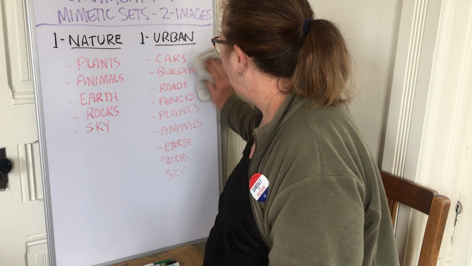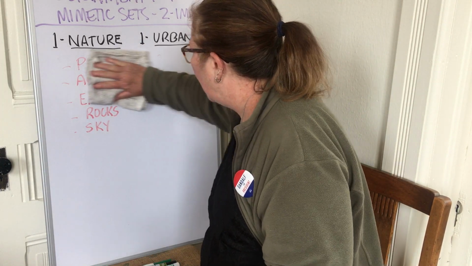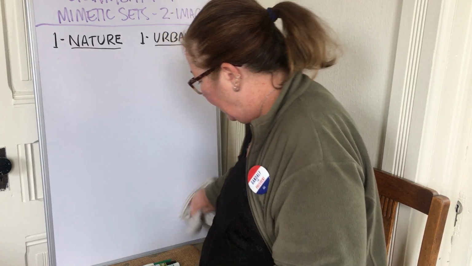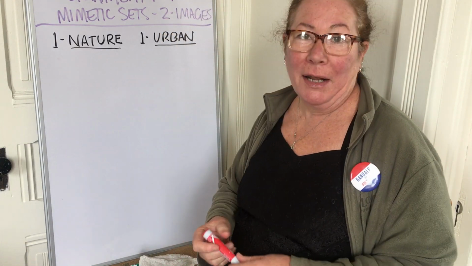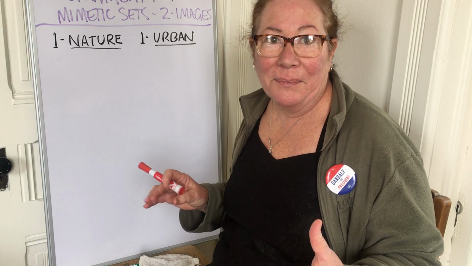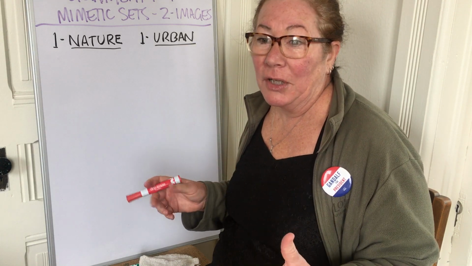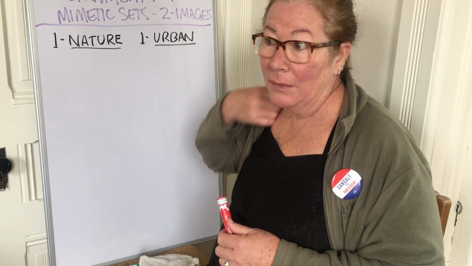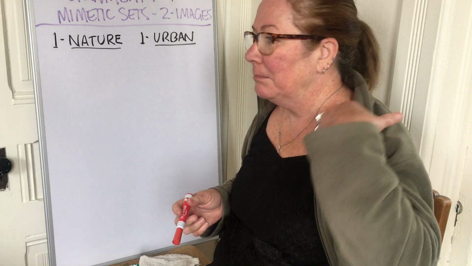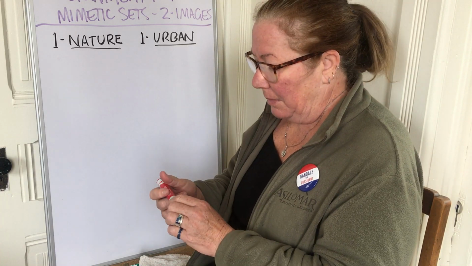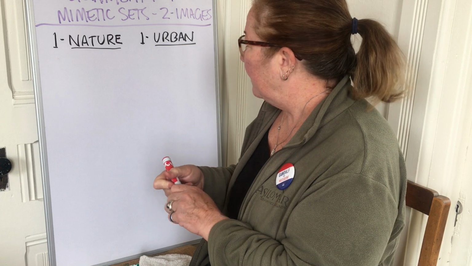So let's talk about animals and let's talk about some examples here for the nature and urban. So in my years of teaching, I've had a lot of really awesome submissions. Unfortunately, I don't have photographs of all of them anymore, just due to not having the same computer and having files missing, that kind of thing.